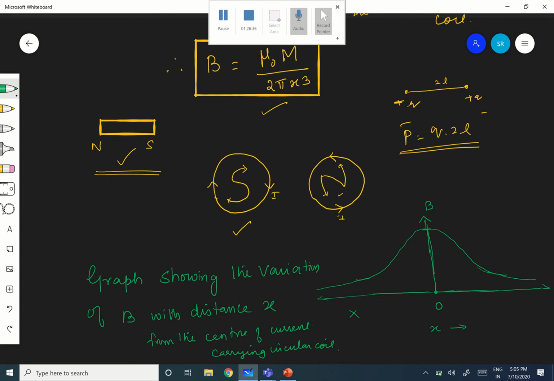Are you following? Hope this is symmetric. Okay, that is it. So we have seen two applications today: one, the field at the center of the current carrying coil, and two, the field at any point on the axis of the current carrying coil. Okay, that's it.